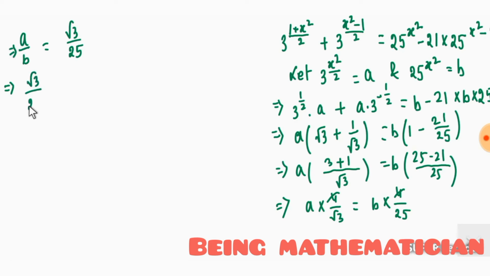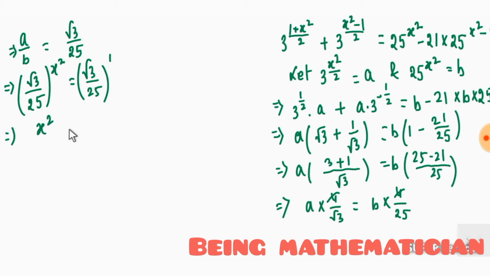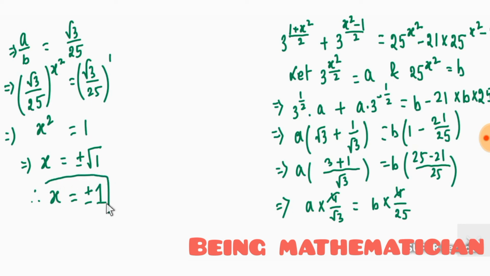We get (root 3 by 25) whole to the power x square equal to root 3 by 25. And now apply the law of indices. We get x square is equal to 1, and now x equal to plus minus root over 1. So therefore the value of x is plus minus 1. So the solution of the equation is plus minus 1.